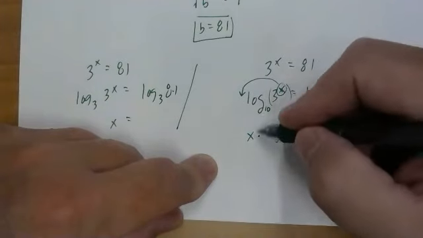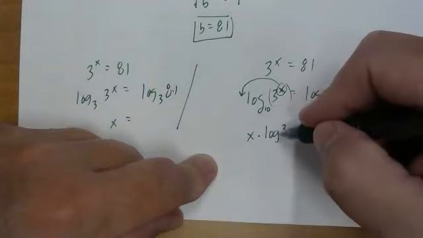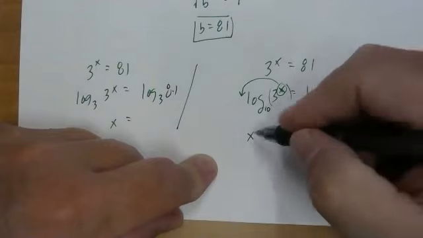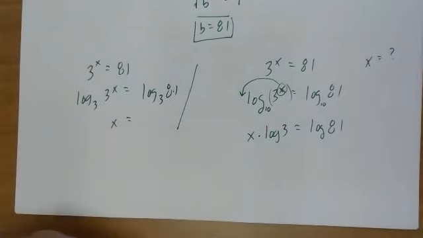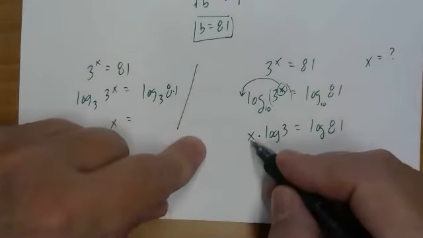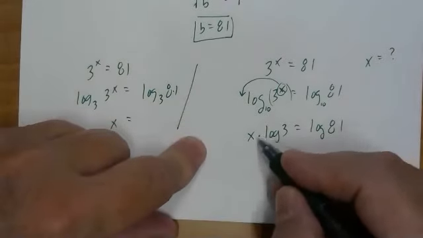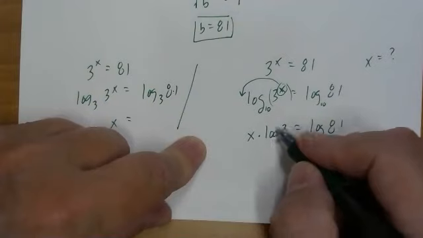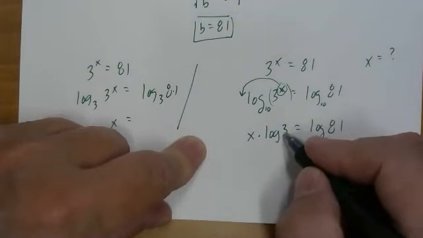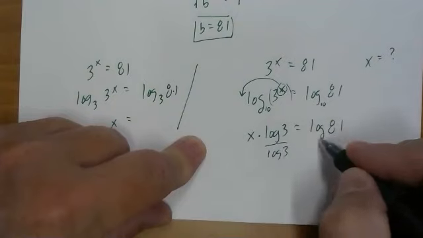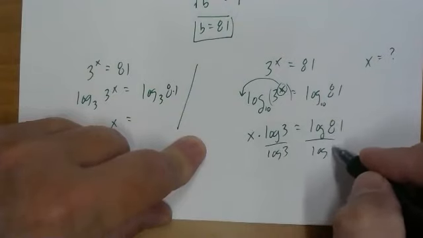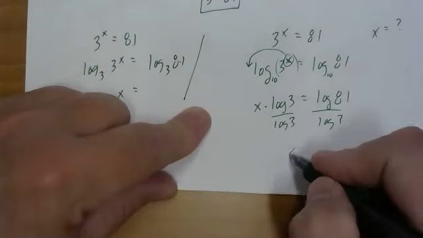So when I move the x in front of the log, it becomes x times log 3 equals log of 81. My whole goal was to solve for x. Now here, if I want to get x by itself to find the solution, I need to move this log 3 to the other side. What do? I just divide both sides by the log of 3.